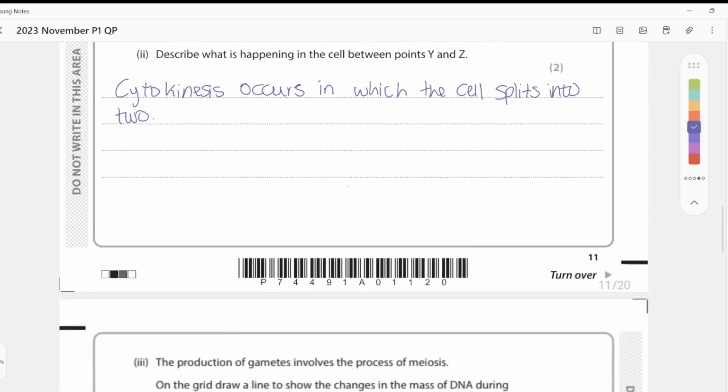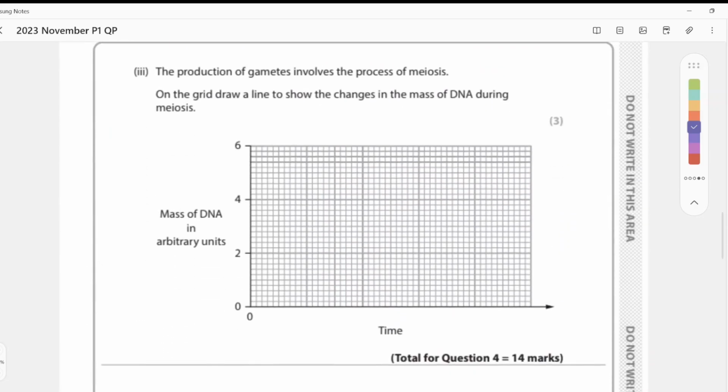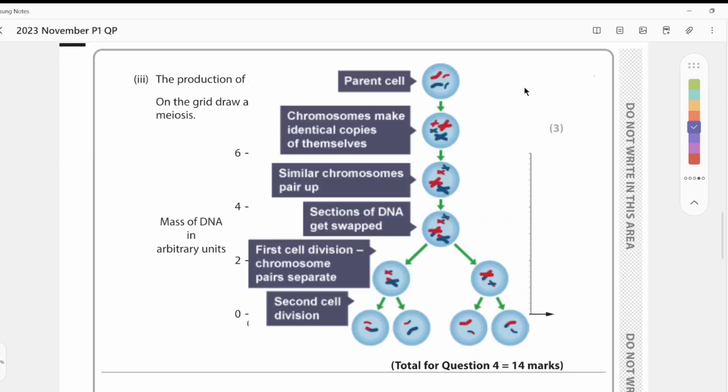All right, let's do part 3. The production of gametes involves the process of meiosis. On the grid, draw a line to show the changes in the mass of DNA during meiosis. So I've included a diagram here that showcases what meiosis looks like. You can see here, the first step, the DNA doubles, and that's because DNA replication occurs.